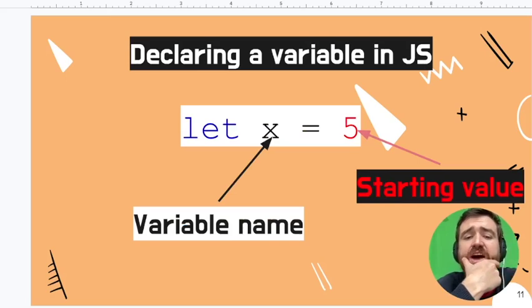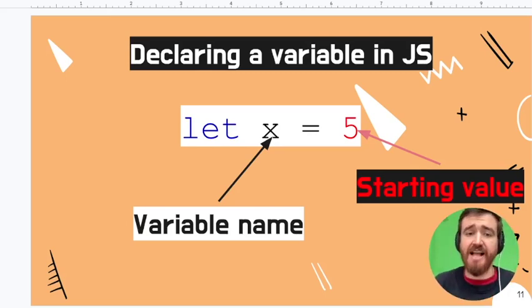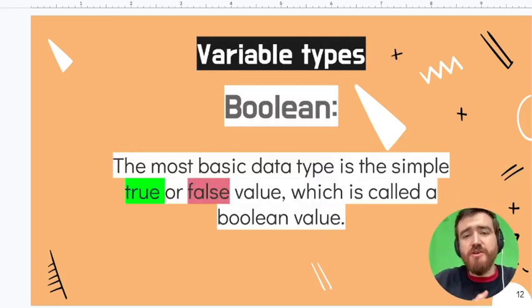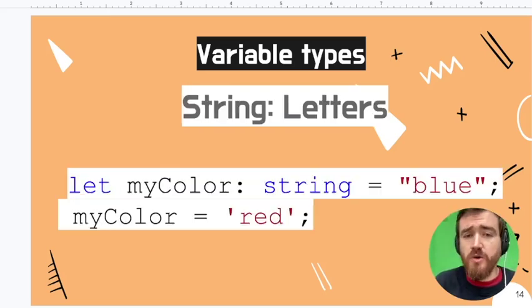In this case, if we have let x equals 5, x is the variable name, and 5 is the starting value. There are different types of variables. We have Boolean variables that normally only have two states, true or false. We also have numbers. It could be a decimal number, hexadecimal, binary, octal, etc. We also have strings, which are basically letters.